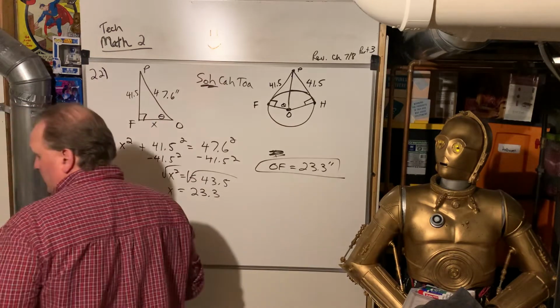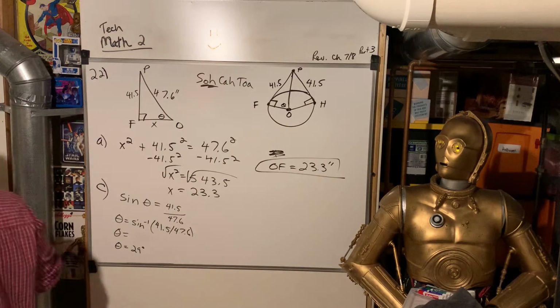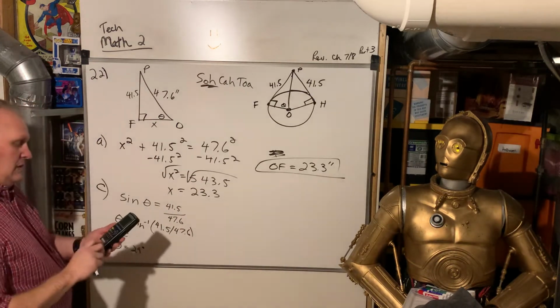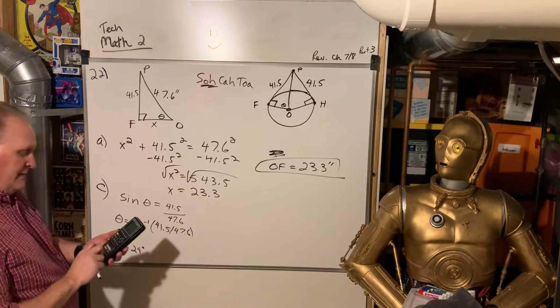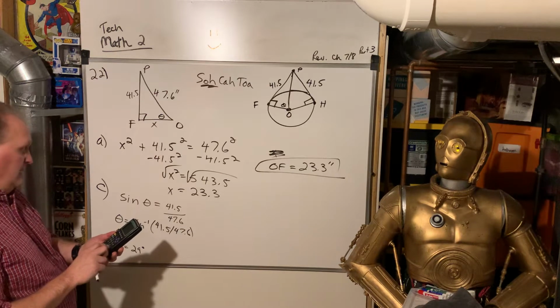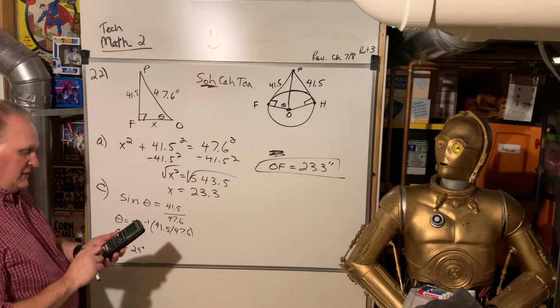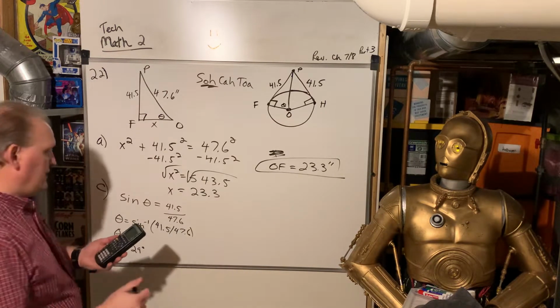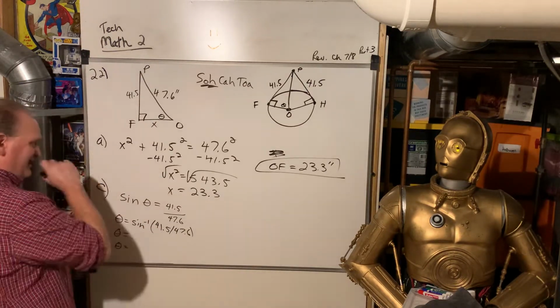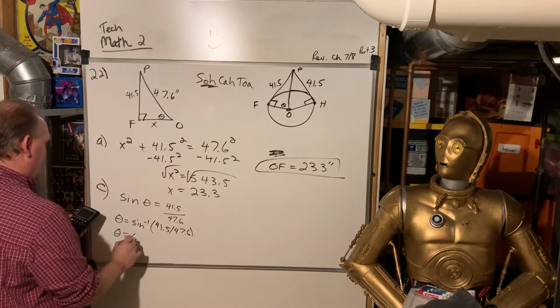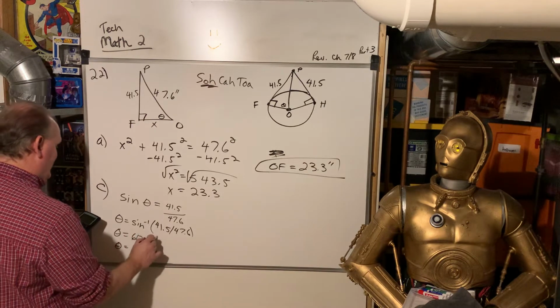So if I use my calculator, it is the arc sine of 41.5 divided by 47.6. That was 60.7 degrees.